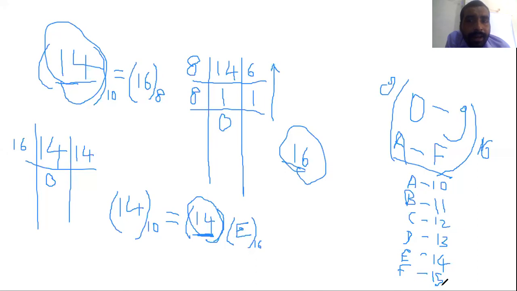And that is why 16 is the base of the hexadecimal number. Is it clear? So now I can say 14 as a decimal integer can be written as 16 in octal, and the same thing can be written as E in hexadecimal.